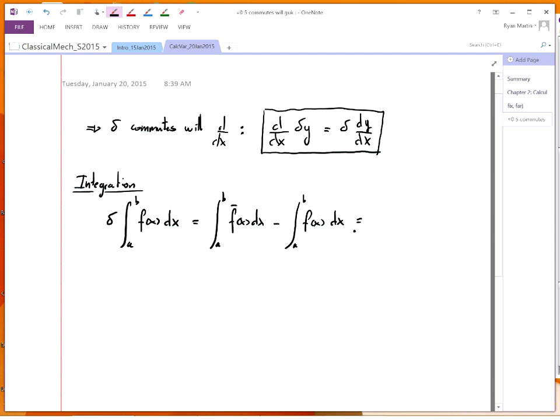Okay, so now the limits are the same, so I can combine the integrands. So I get the integral from a to b of f bar of x minus f of x.